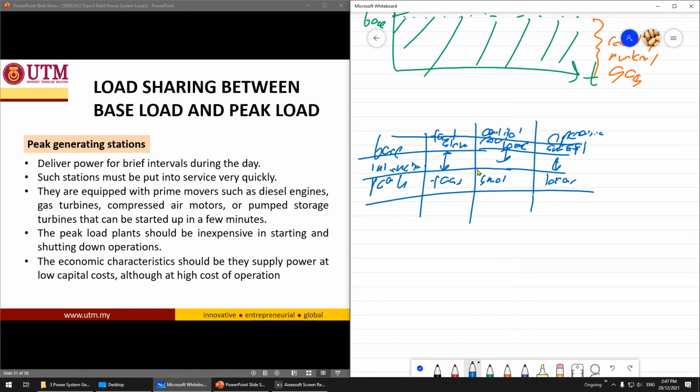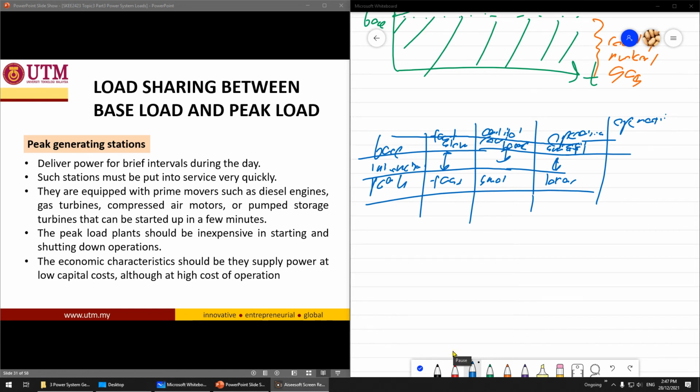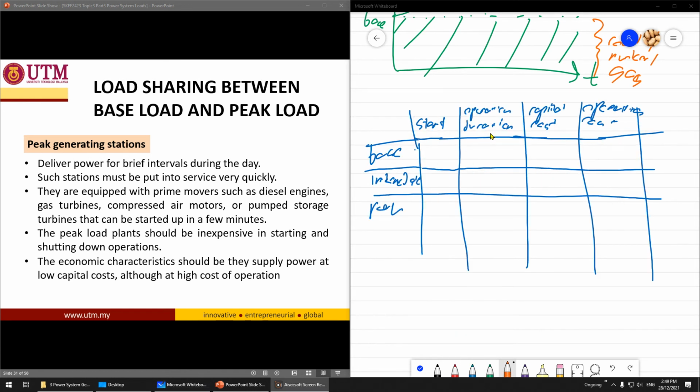What else? The operation time. Let me do a proper table. The start time is long for this one, short for this one, and this one is also considered short.